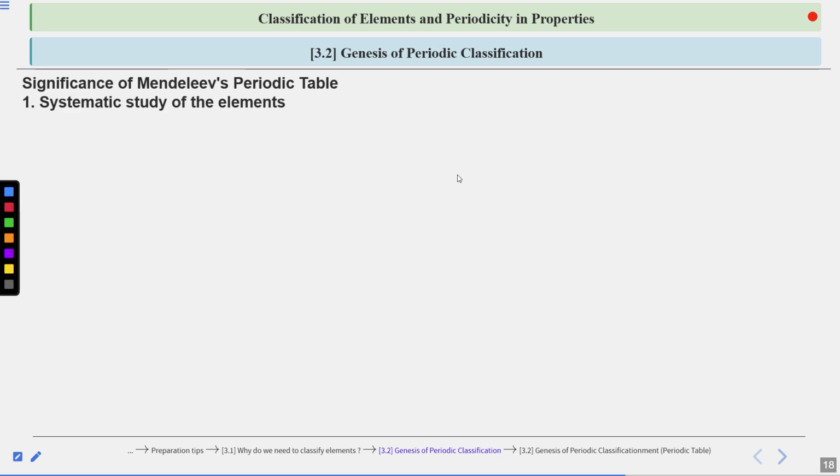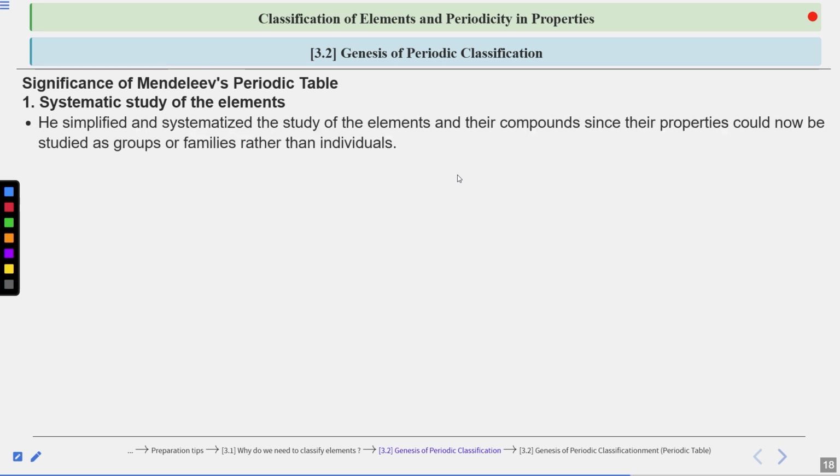So, according to him, he was able to do a systematic study of the elements. He simplified and systemized the study of the elements, and he placed those elements which have the same properties in the same groups.